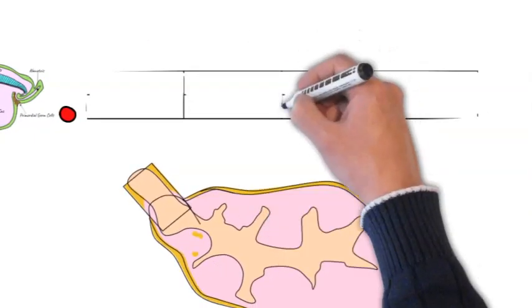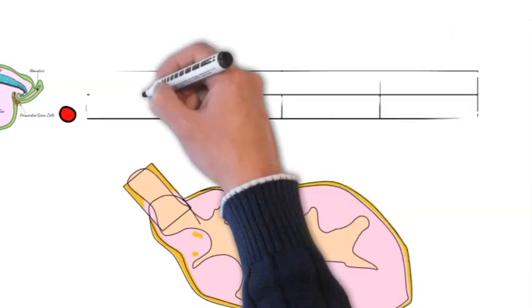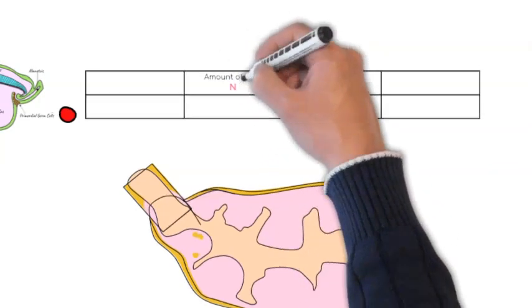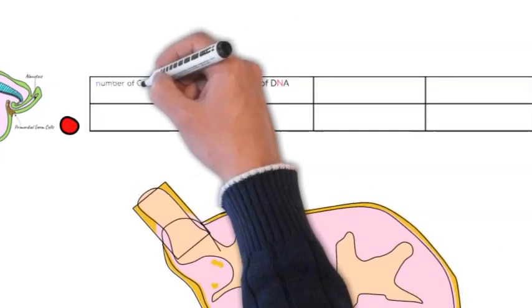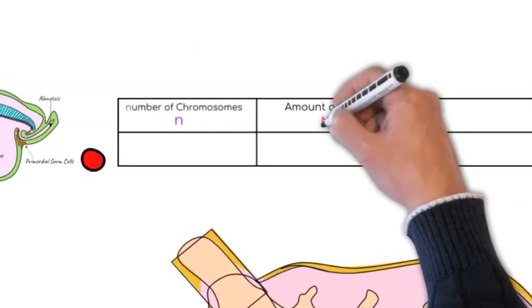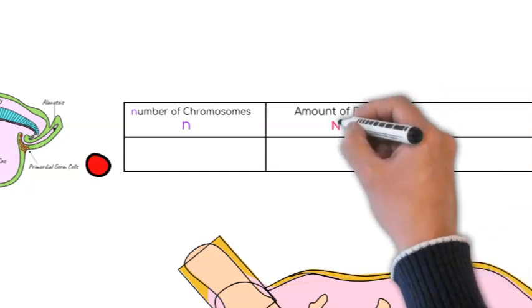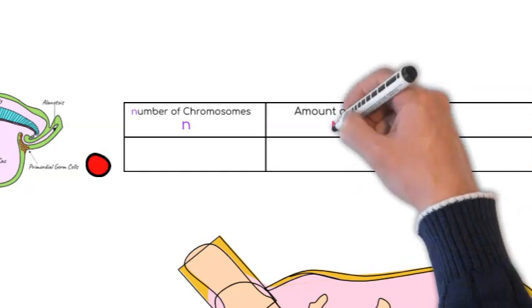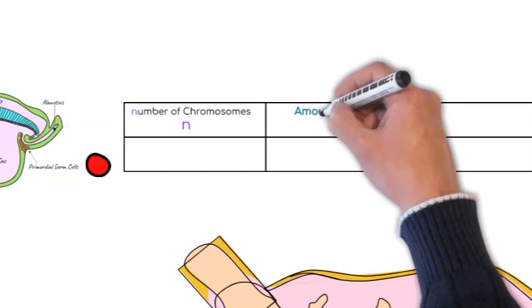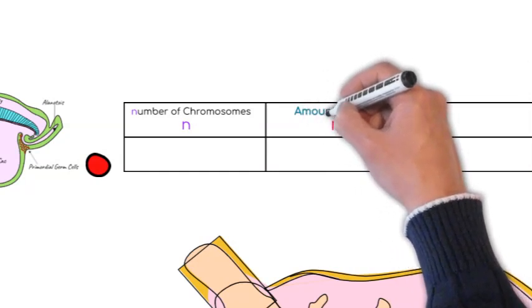So let's go back a little bit and talk about a couple of things we learned in a previous lecture. How many chromosomes are present in that cell, and how much DNA does it hold? So we had talked about capital N and small n designation. And capital N, we said, is the amount of DNA.